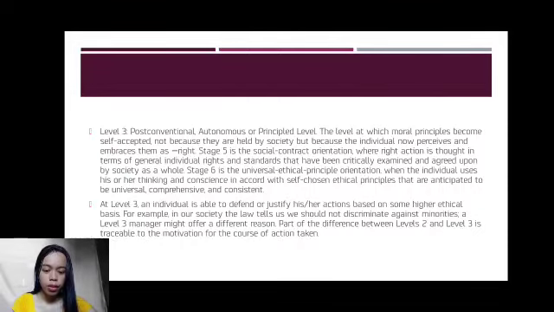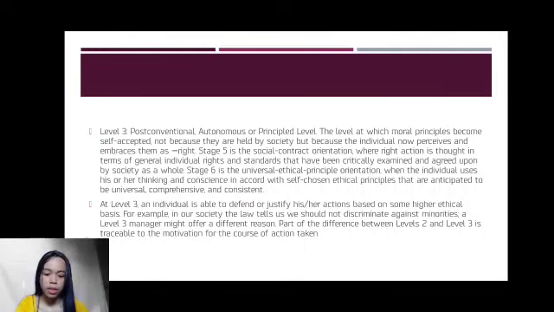For Kohlberg, the basis of one's action is not just the common good or a social contract, but deeper universal principles. Moral decision is not just based on the laws and rules of society, but on one's conscience. At level 3, an individual is able to defend or justify his or her actions based on some higher ethical basis.